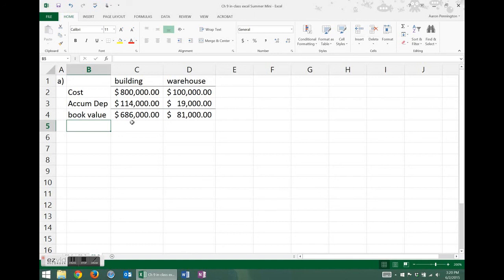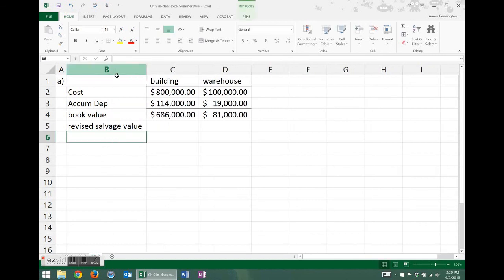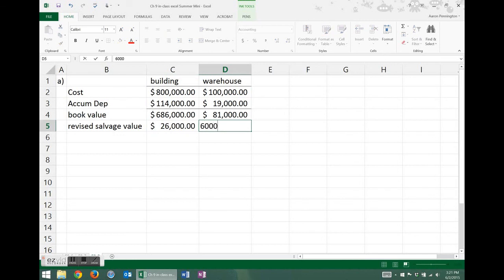Actually, before we think about useful life, let's back out salvage value. We're going to back out the new salvage value, the revised salvage value. We can take the information given, the $26,000 and the $6,000.